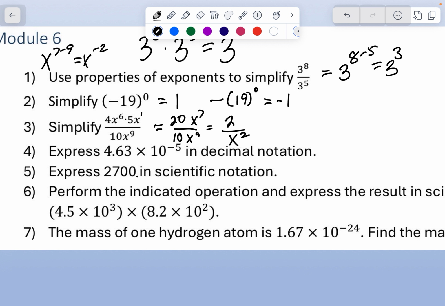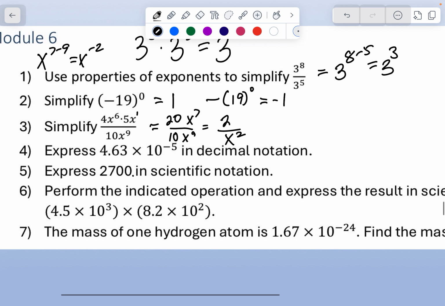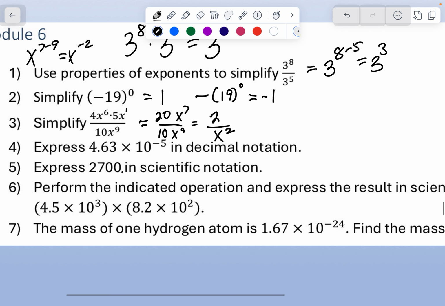So that's decimal notation. We're going to flip it to scientific. So let's do both. If this is negative, we are going to take the decimal and we're going to jump 5 places to the left. The jump under the 4 counts as one of the jumps. So I'm just going to write the 463, okay? And then remember, I needed to count the 4 as a jump.